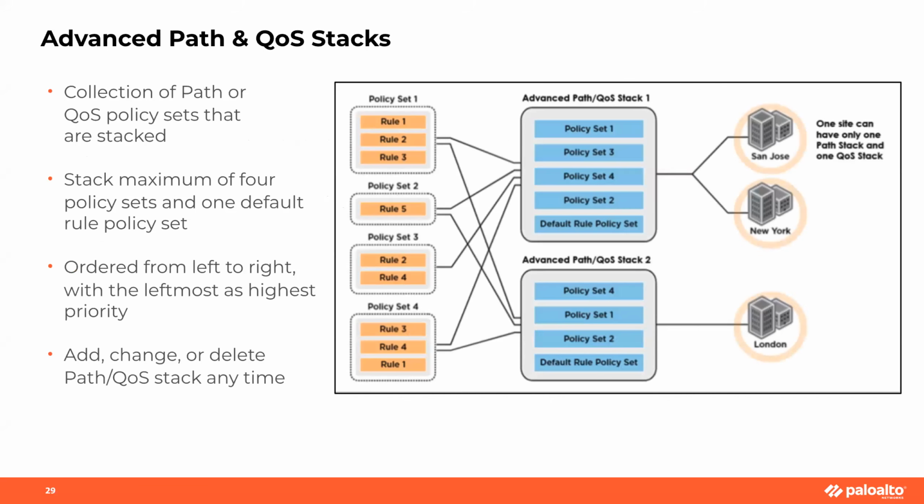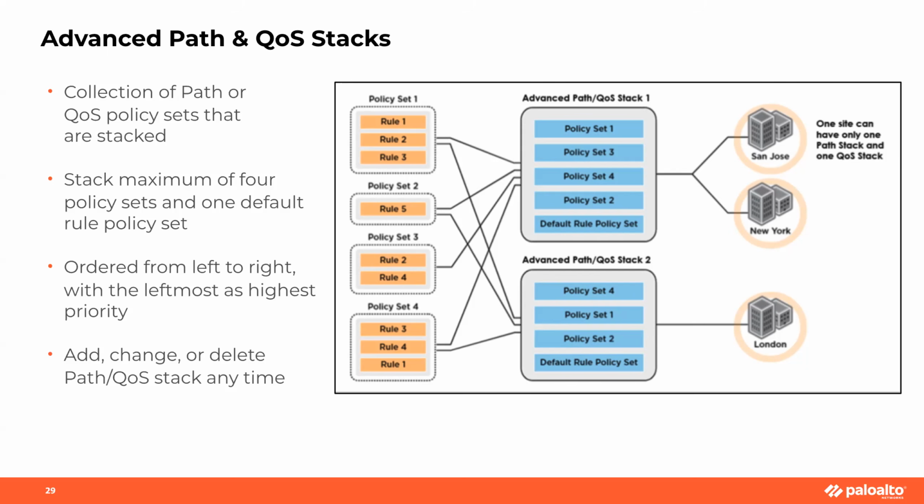So advanced path and QoS stacks, this takes the simple stack policy and expands it out. It gives you a bit more flexibility and allows us to do some more advanced features. As I said, for most customers, it's generally not needed. But it allows you to pick and choose from different policy sets that you have and apply them in a stack together.